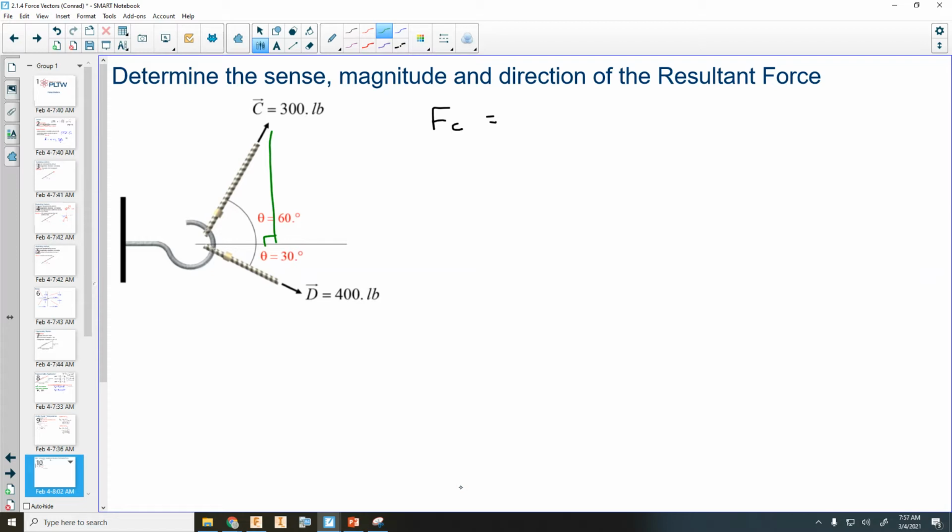The shortcut formula is not on there. Okay, so you have to know your SOHCAHTOA, and there is something on forces, the sum of the forces.